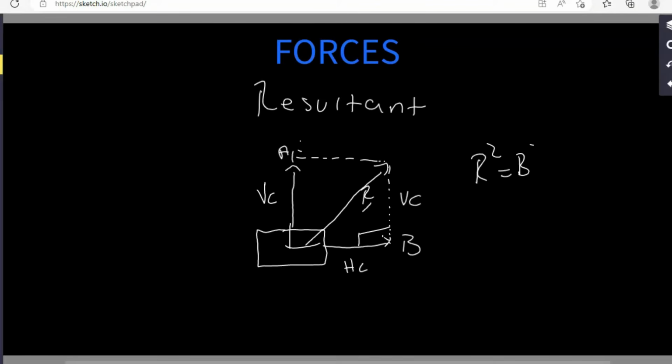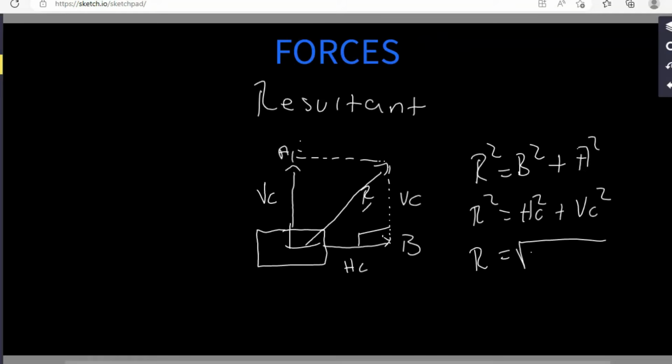R squared is equal to the horizontal component squared plus the vertical component squared. Therefore, the resultant is equal to the square root of the horizontal component squared plus the vertical component squared.